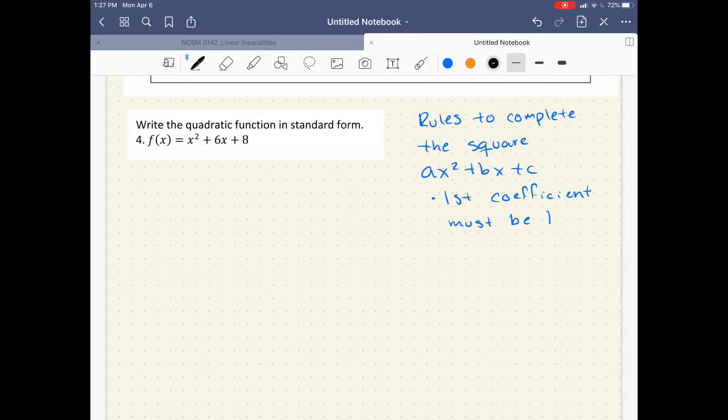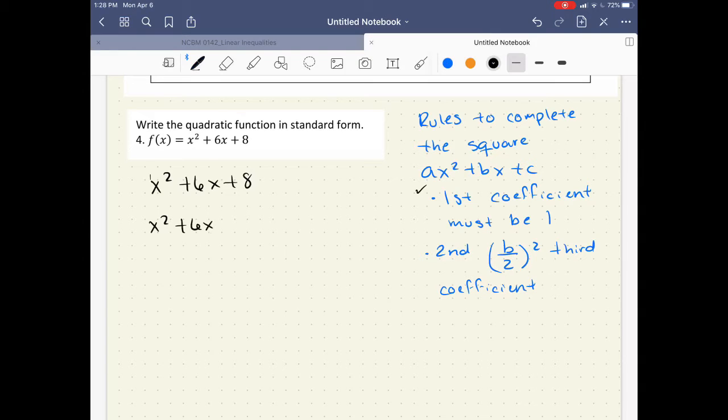So on this one, we have x squared plus 6x plus 8. Our first coefficient is 1, so we're good. Now, second rule, we're going to use b over 2 squared as our third coefficient.